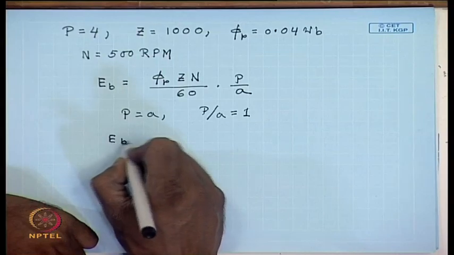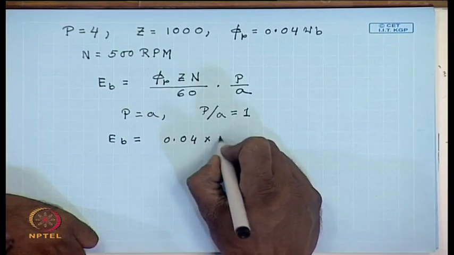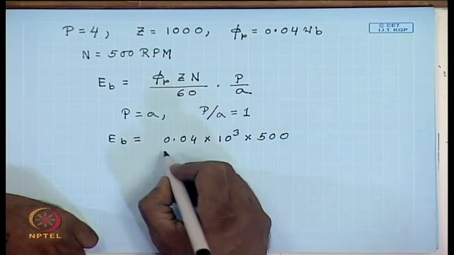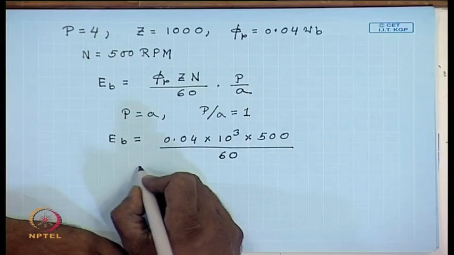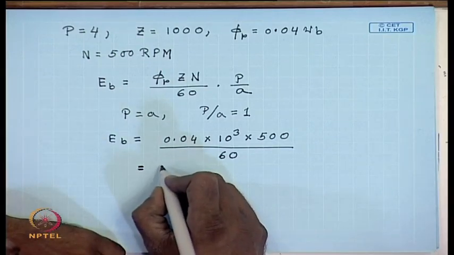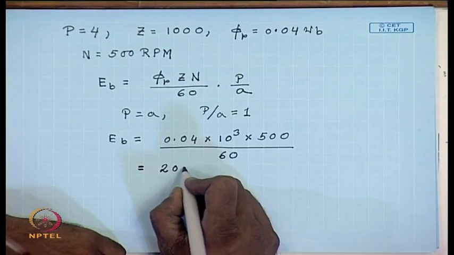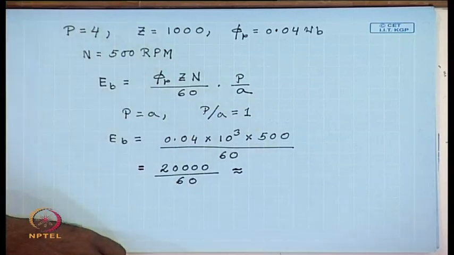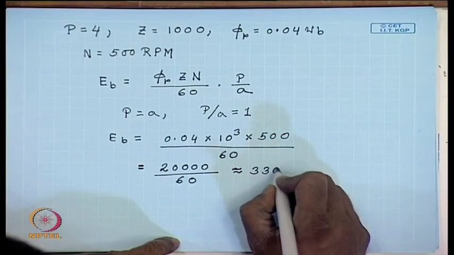Therefore, E b equal to phi p, which is 0.04, into Z, which is 1000, so that is 10 to the power 3, into 500 divided by 60, that is equal to 20,000 by 60, approximately equal to 330 volts.